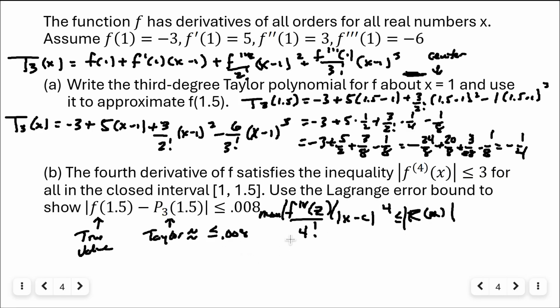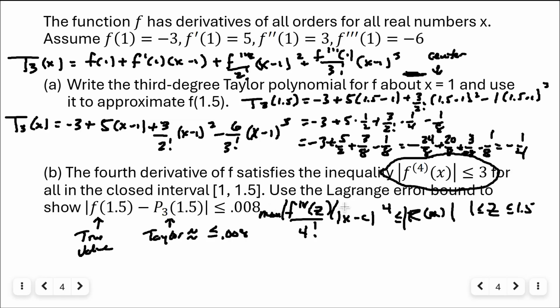Okay, so we want to maximize the fourth derivative at z. Now, z is somewhere between 1 and 1.5. Remember, 1 was the center, and 1.5 is the one where we wanted to evaluate. But it tells me the fourth derivative is less than or equal to 3 for all values between 1 and 1.5.